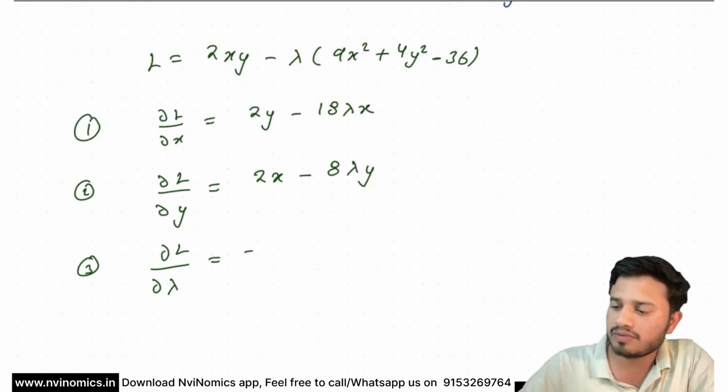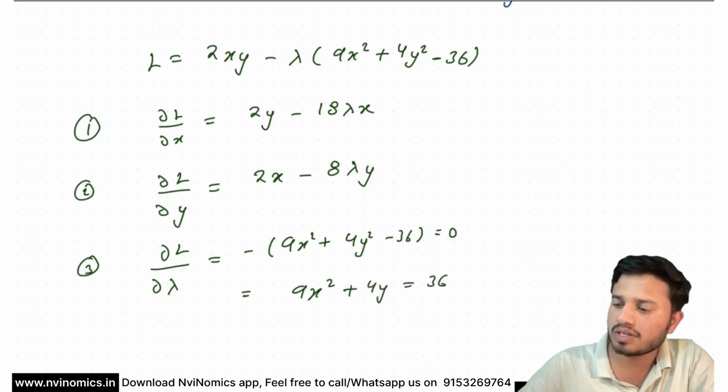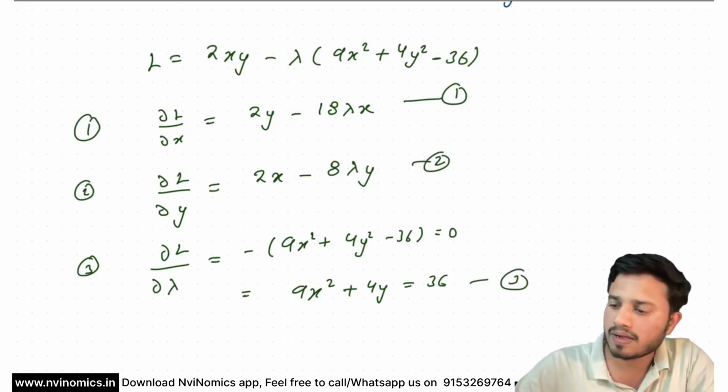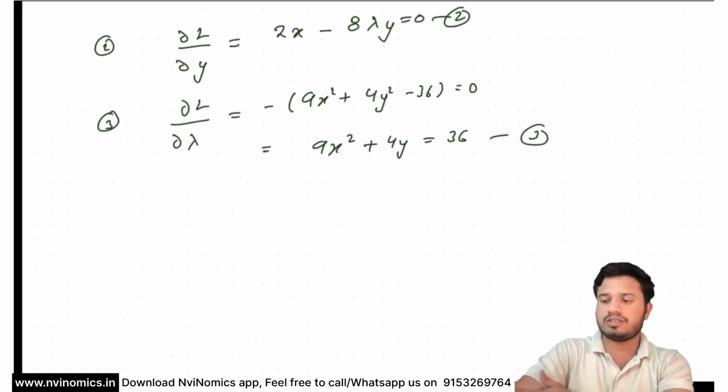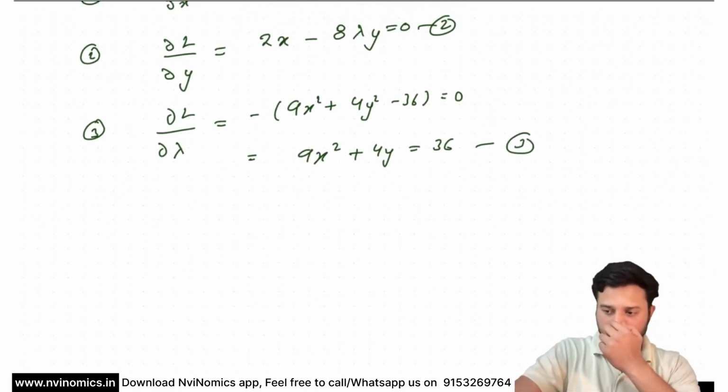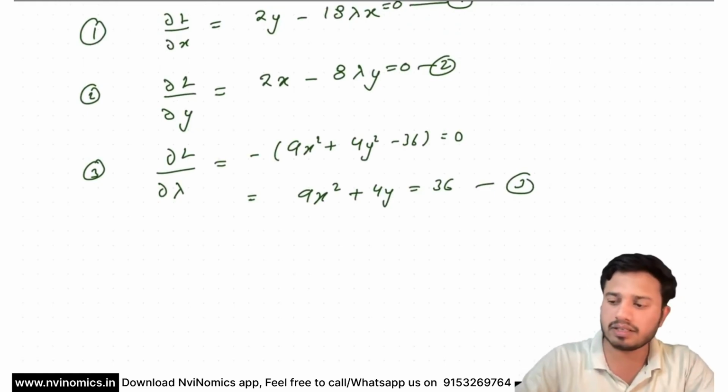So with respect to lambda, there will be minus 9x square plus 4y square minus 36 equals to 0, or it is nothing but 9x square plus 4y square equals to 36. So you have three equations, 1, 2, and 3.